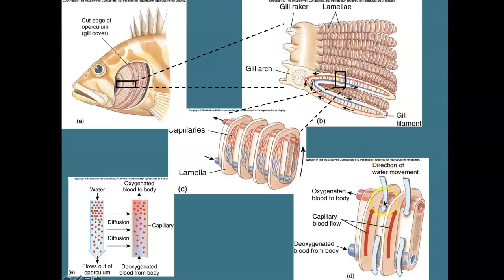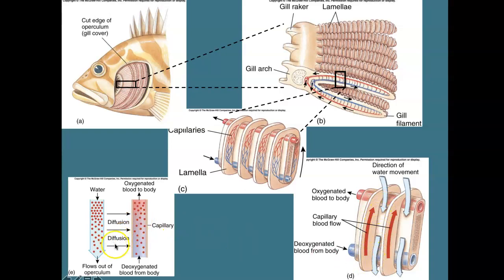Now, as oxygen diffuses into the blood, the oxygen concentration in the water is going to get lower, right? But what's cool is as it moves through here, it's going to hit the vein as it moves across this gill filament.